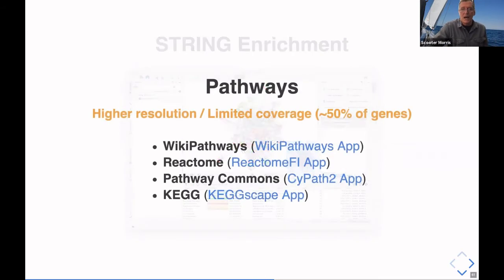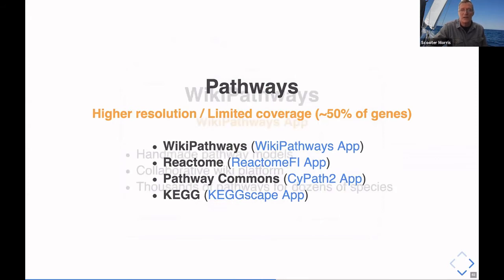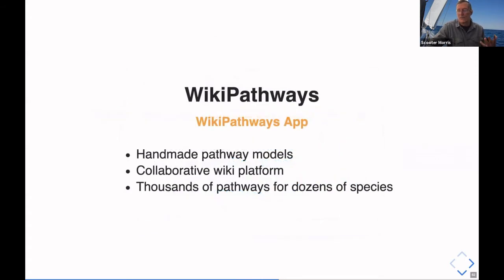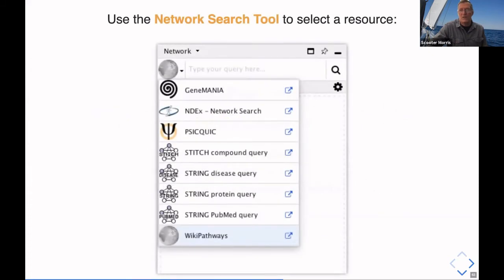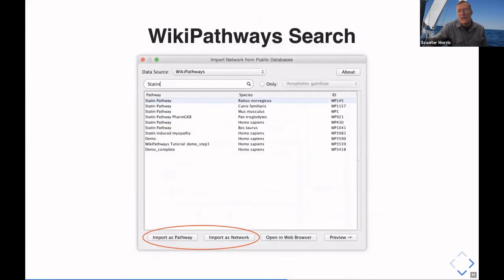So the other types of data, the Wiki Pathways app is one that you're going to use quite a bit. Tina's already talked a lot about this, but within Cytoscape, use this network search tool. You click on Wiki Pathways, you type in the pathway you want.